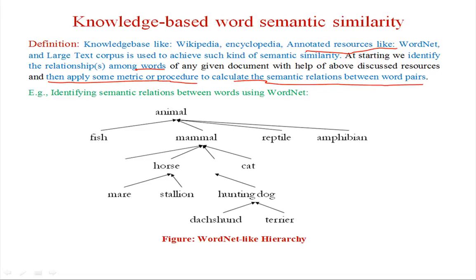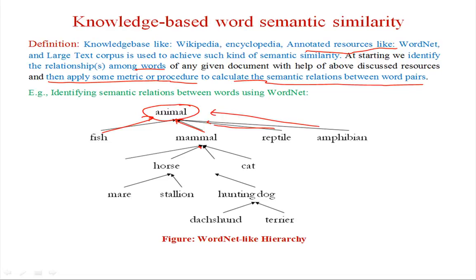For example, for a given text, we identify the relations among the words by using WordNet. For example, fish is an animal; mammal is a part of animal; reptile is a part of animal; amphibian is also a part of animal; horse is a part of mammal; cat is an example of mammal; mare and stallion are types of horse, like that.